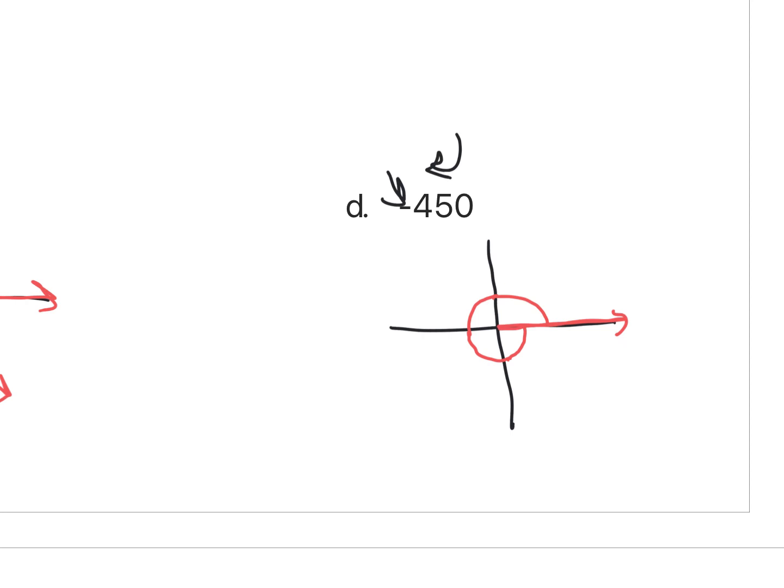Okay, now I'm at 360 degrees. I need to keep going. How much further do I need to go to get to 450? I need to go another 90 degrees, because right now I'm at 360. So to get to 450, I need to go another 90 degrees, and stop on the y-axis in this case, and we would have our negative 450 degrees.